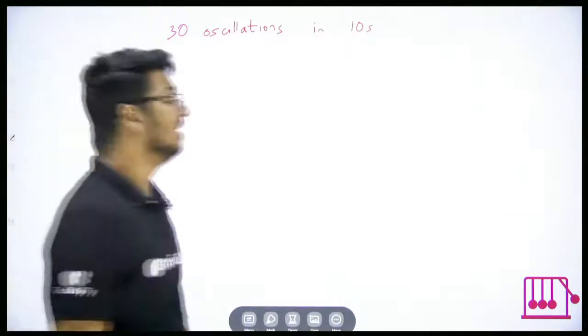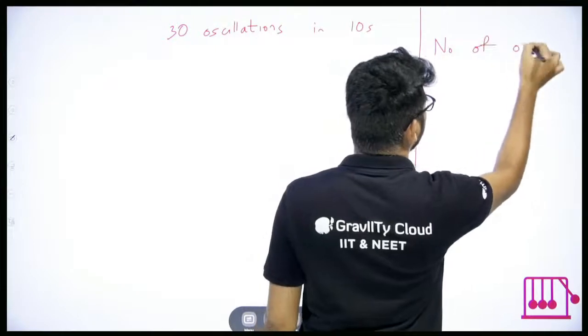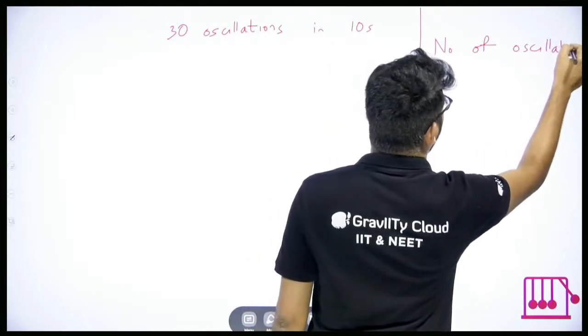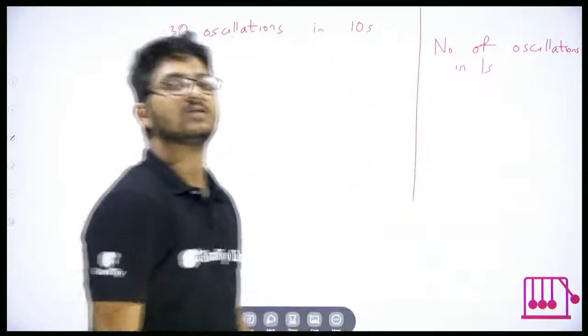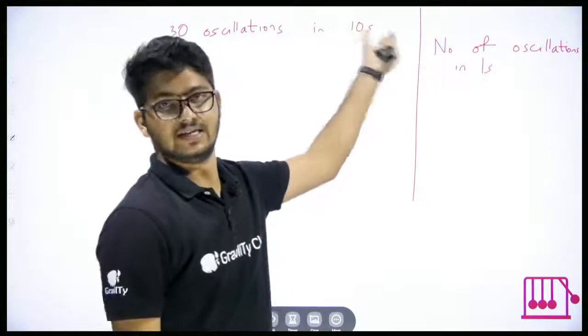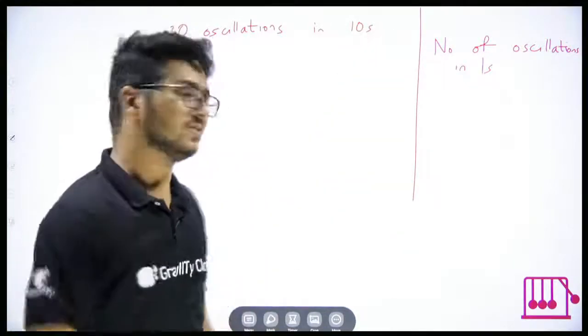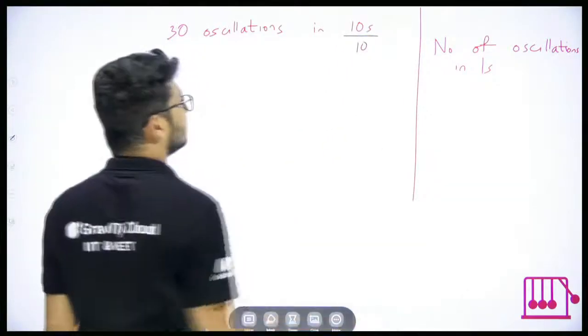What is frequency? Frequency is number of oscillations in how much time? In 1 second. So what's our target? Our goal is to get 1 second here. 10 seconds are here, but we need 1 second. That means you divide by 10 in this case.